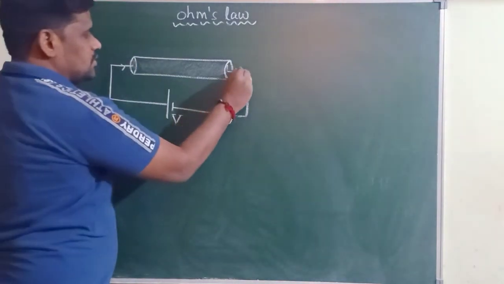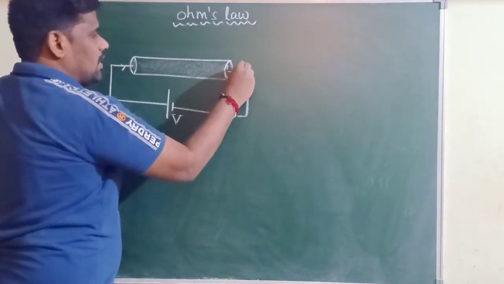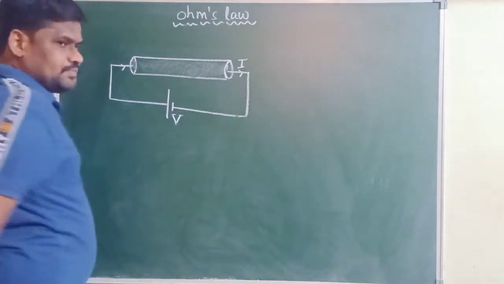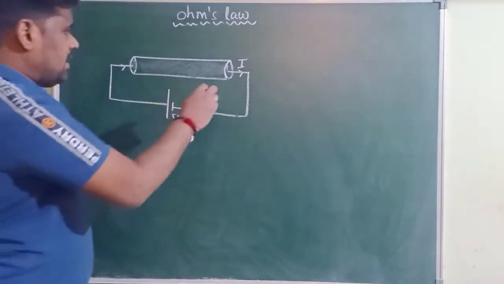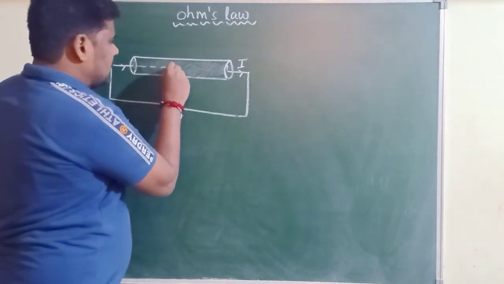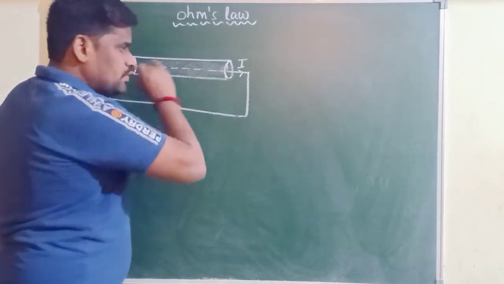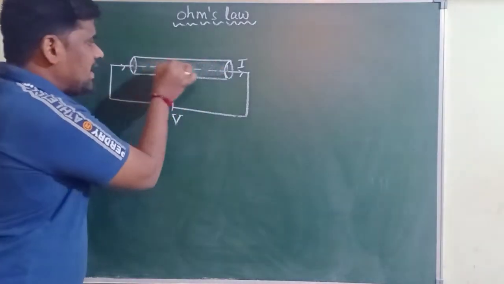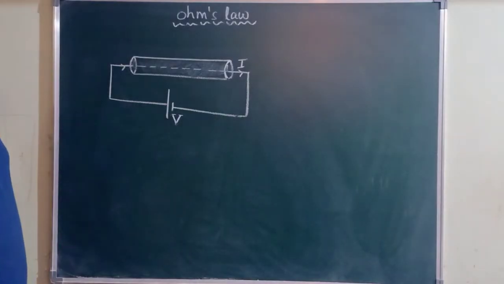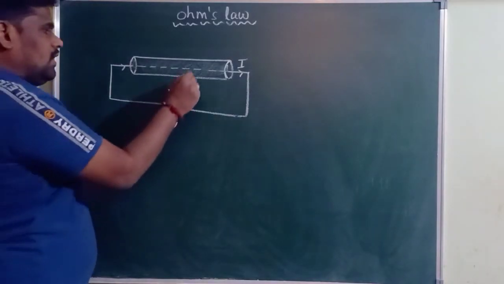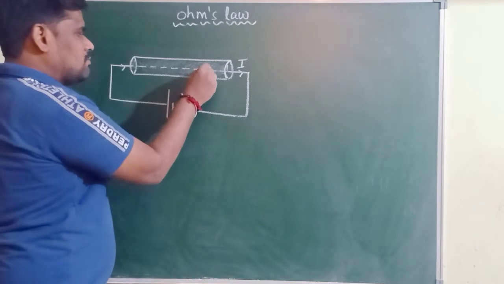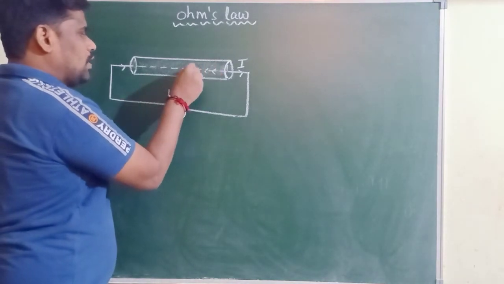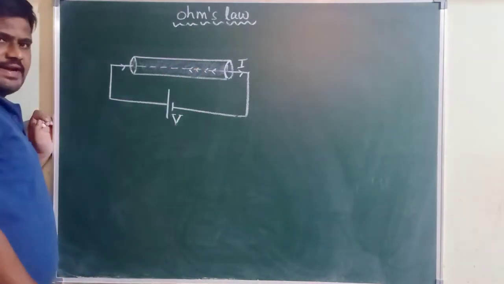The current flowing through the conductor, I will call it I here. When the current is flowing through the conductor, definitely the material of the conductor is going to exert some opposition to the flow of electric current.